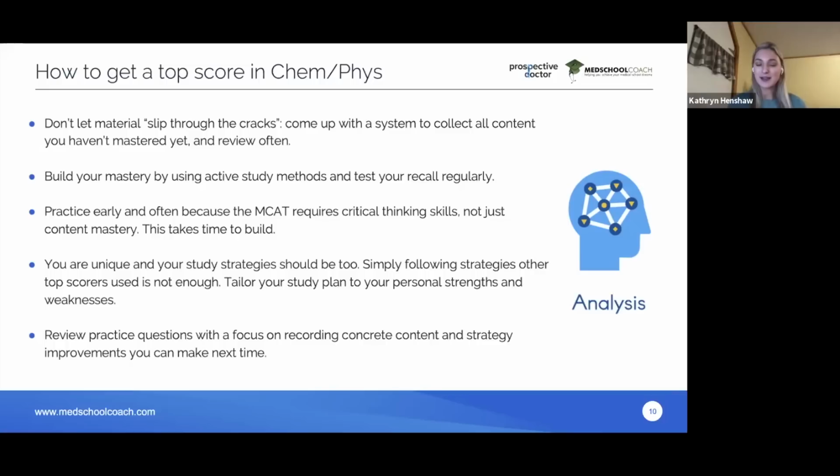All right, my next tip is about having a unique study plan. If you go on Reddit and look up what a 528 student did to study for the MCAT, that's not necessarily going to be the best study plan to get you there, because we're all unique and have our own ways of learning. This means thinking critically about what worked well for you in your classes in undergrad, and what things didn't work for you.